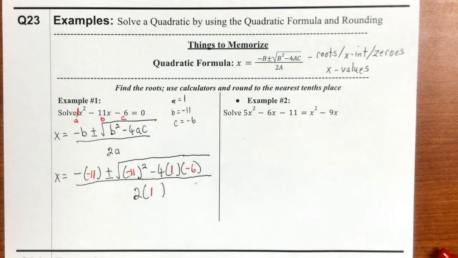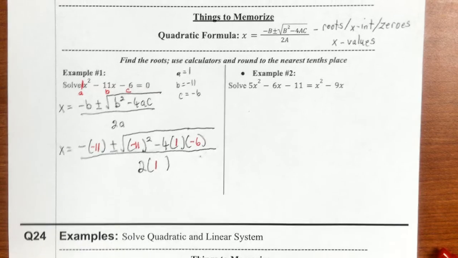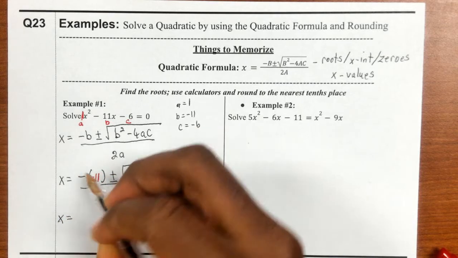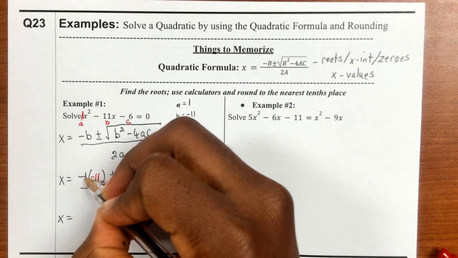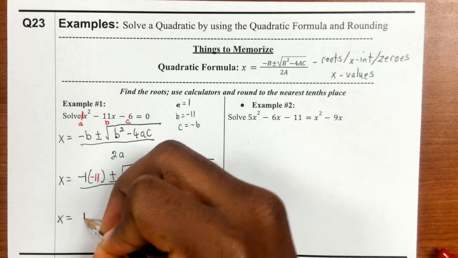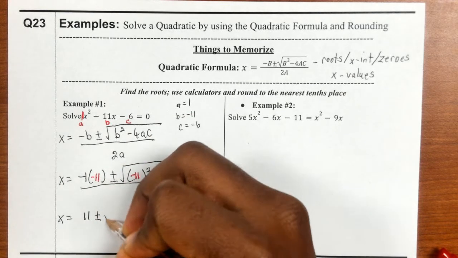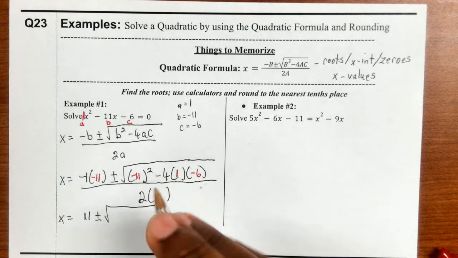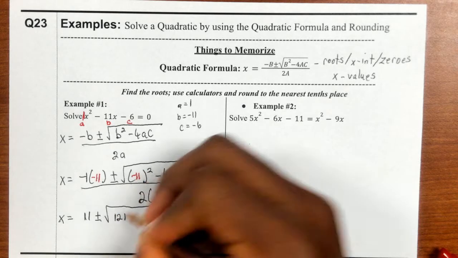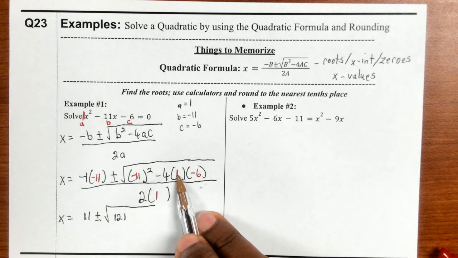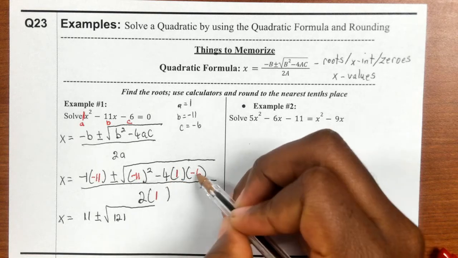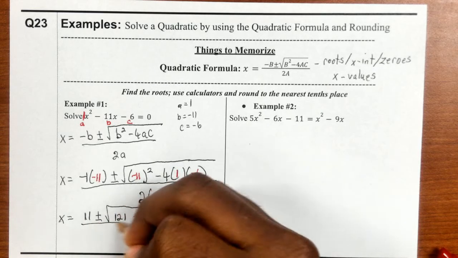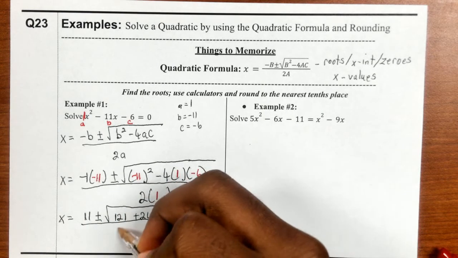You can do that if it helps. Now I just use this to calculate. x is equal to negative 1 times negative 11, which is positive 11, plus or minus the square root of negative 11 squared, which is positive 121. Negative 4 times positive 1 is negative 4, and negative 4 times negative 6 is positive 24. For the denominator, 2 times 1 is 2.